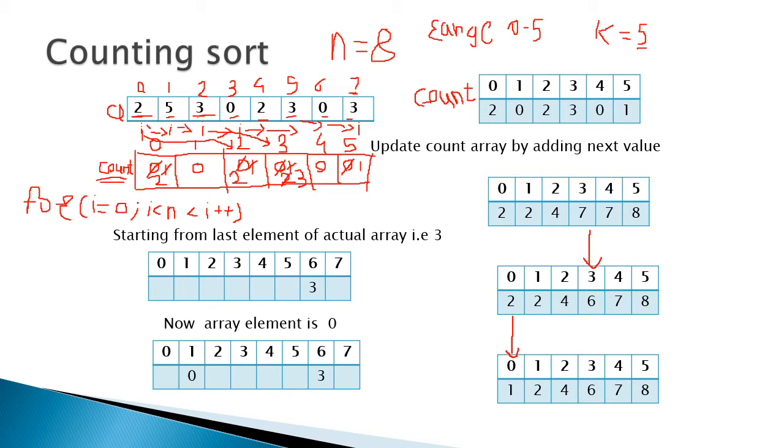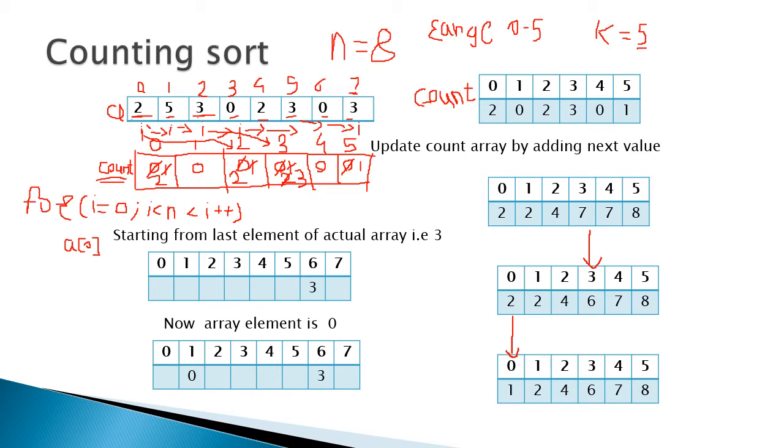Okay. After that, we have to maintain the frequency of elements in another array. First of all we have to take the value of A of i. A of i, that is A of 0, is 2. And what we are doing is going to the index of the count array.